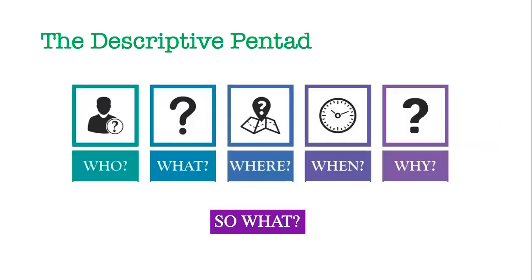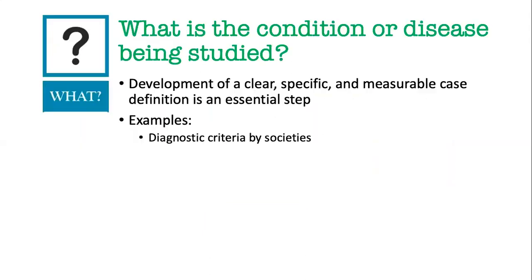So we have the descriptive pentad. Usually in a descriptive study, we answer five questions: who, what, when, where, and why. And then the implicit sixth question is, so what? We'll describe each W in the succeeding slides.